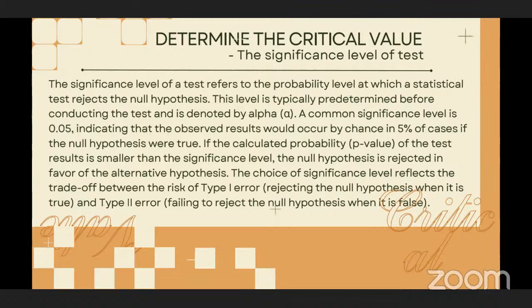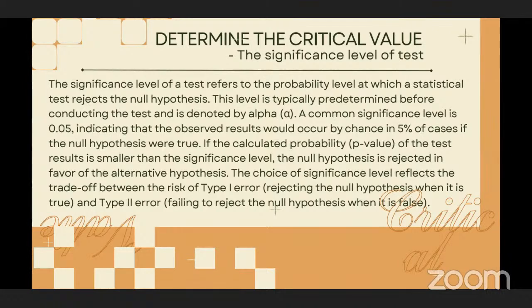A common significance level is 0.05, indicating that the observed result will occur by chance in 5% of cases if the null hypothesis were true. If the calculated probability, or the p-value, of the test result is smaller than the significance level, the null hypothesis is rejected in favor of the alternative hypothesis.